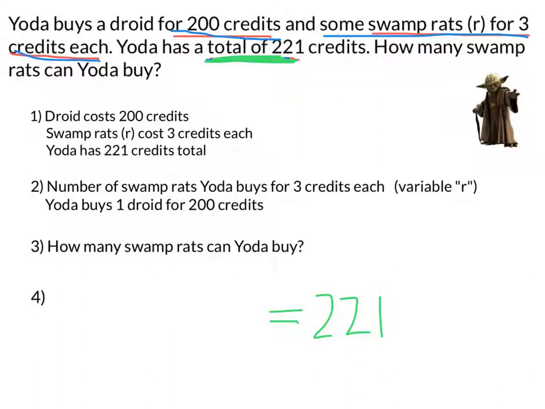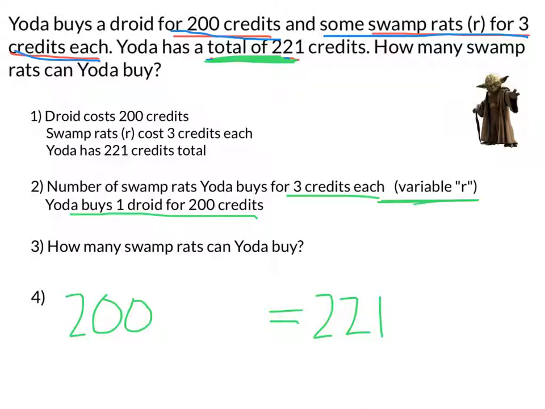Now on the left side of the equation, let's look at what is not changing. We know that he is not changing this 200 credits. He bought that droid, he is spending that. So I'm going to put 200 here. That's going to represent what he's spending, 200 credits. And then he's going to pay 3 credits each for the swamp rats, and we're going to use that variable R. So he spent 200 on the droid.